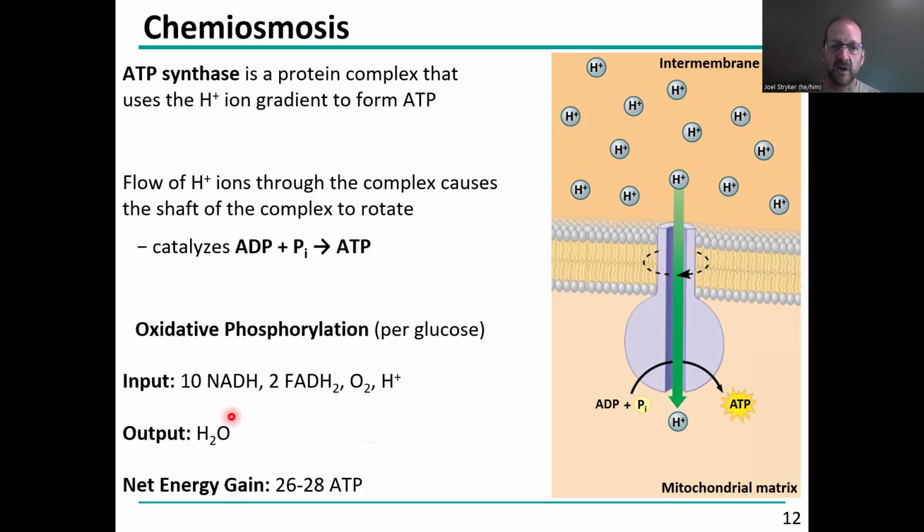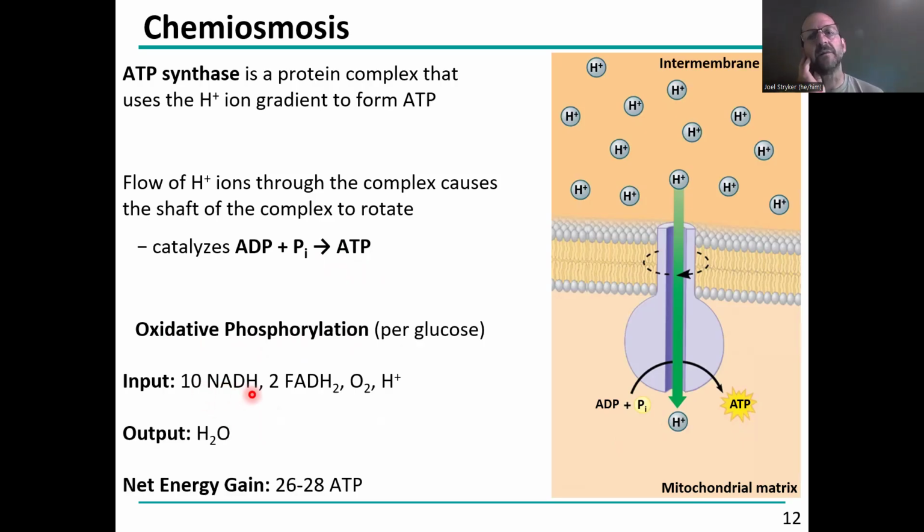Inputs into this whole oxidative phosphorylation step, again, oxidative referring to the electron flow, ultimately ending up on oxygen to become water, phosphorylation referring to the addition of the phosphate group here at this final step. The inputs were 10 NADHs. Wait, 10?